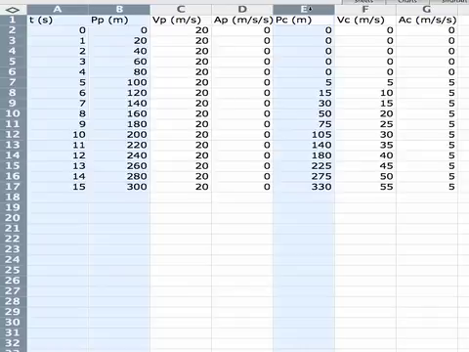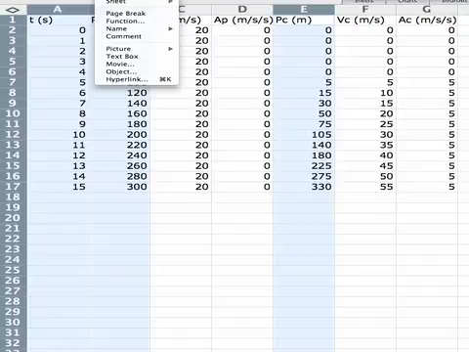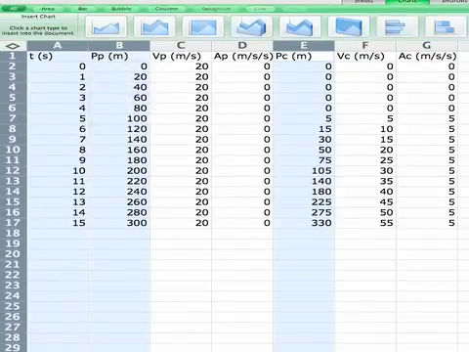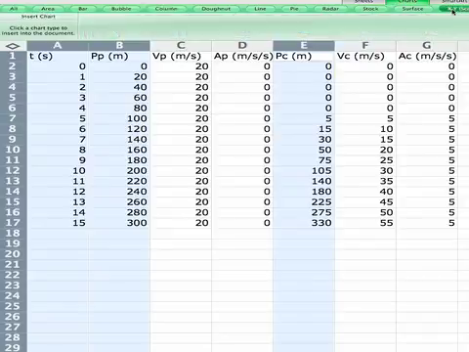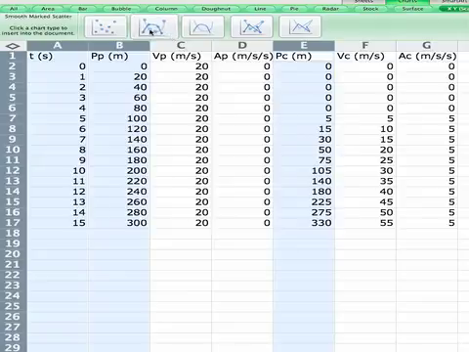I think it's Control on a PC. Then I'm going to insert a chart. You can't see that, it's not on your screen, but I went to the Insert menu and then chose Chart. The type of chart, you can see up here, is XY scatter, so I'm going to select that. And then I like this version of it, so I'm going to choose that.